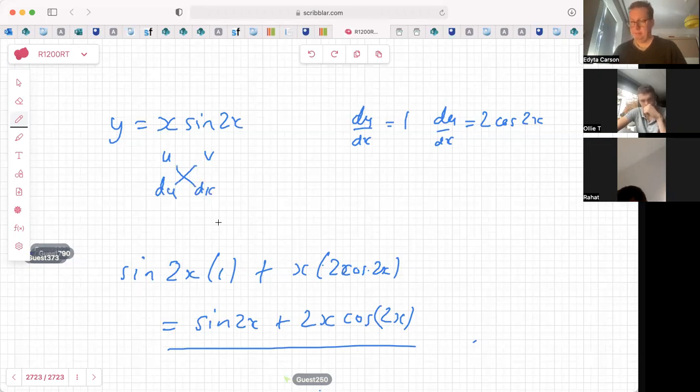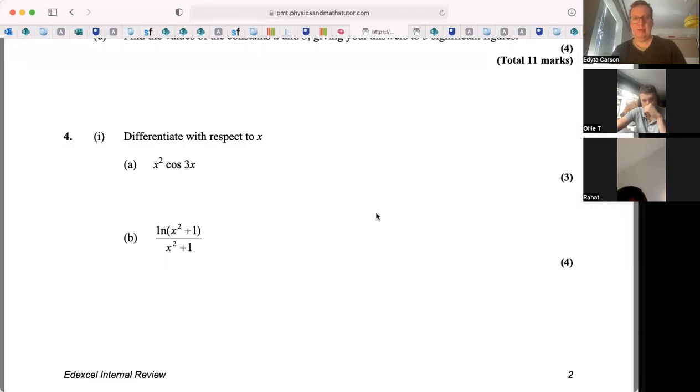Okay. So I've got a couple here to do. Both are composite functions contained within other rules. So do you want to have a go at those two for me?